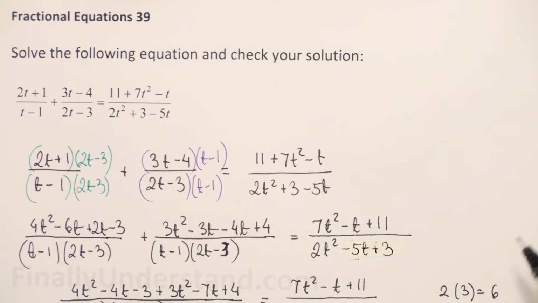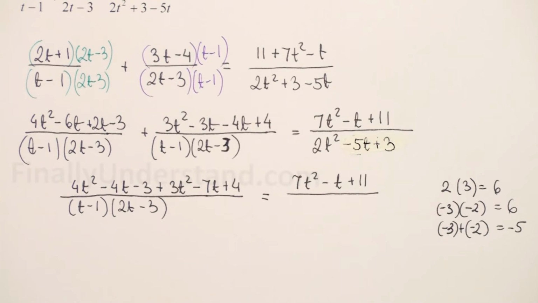Next we have to find two numbers which I multiply and I will have 6, and when I add these two numbers I will have coefficient before t, negative 5. So it will be negative 3 and negative 2. When we multiply, negative 3 times negative 2 is 6, and negative 3 plus negative 2 is negative 5.